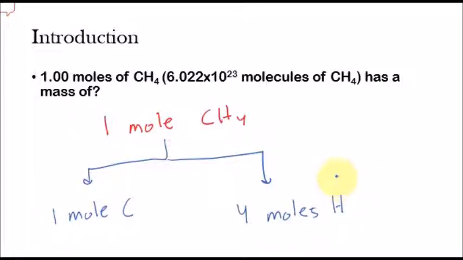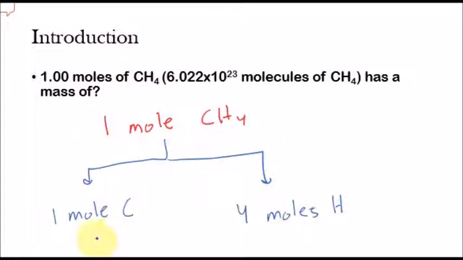Because think about it, if you have 1 mole of CH4, you have 1 mole of carbon atoms and 4 moles of hydrogen from the 4 here. Just like how if you had 1 molecule of CH4, you have 1 atom of carbon and 4 atoms of hydrogen, in the same way, if you have 1 mole of CH4, you have 1 mole of carbon and 4 moles of hydrogen.